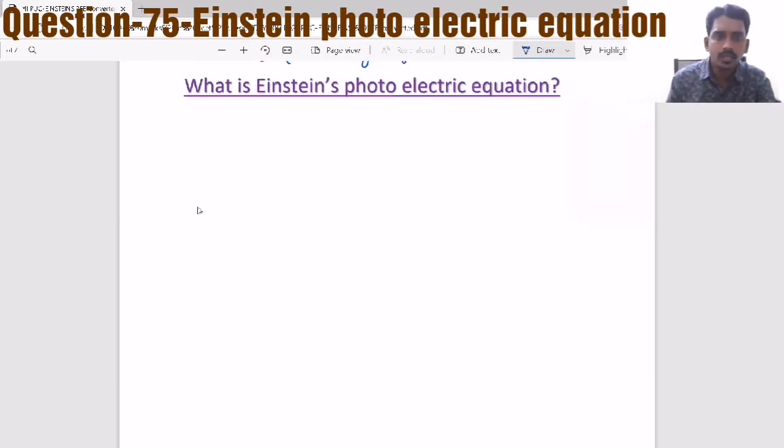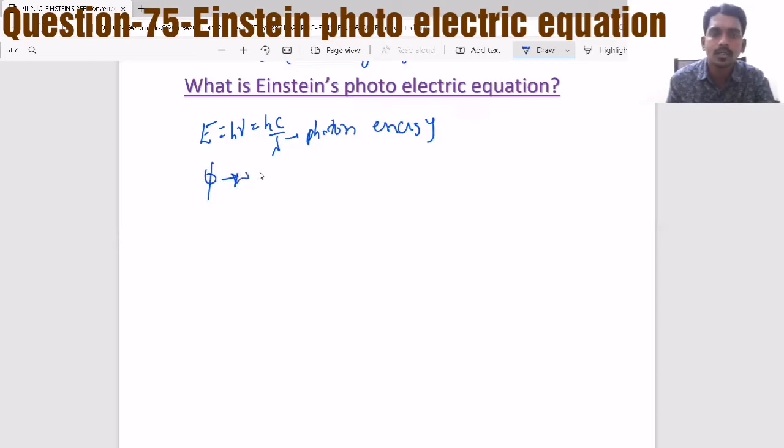Now, E is h nu or hc by lambda as the photon energy. Every metal surface requires a minimum energy that is called the work function.